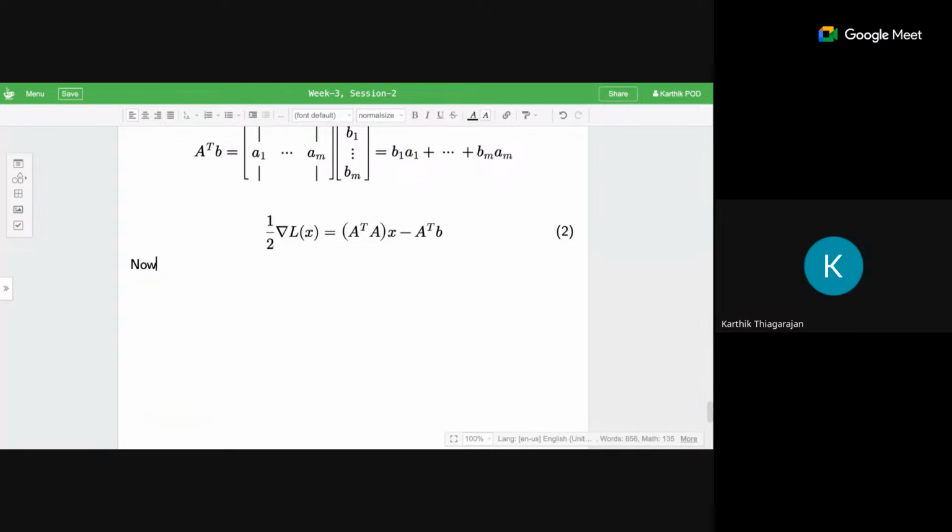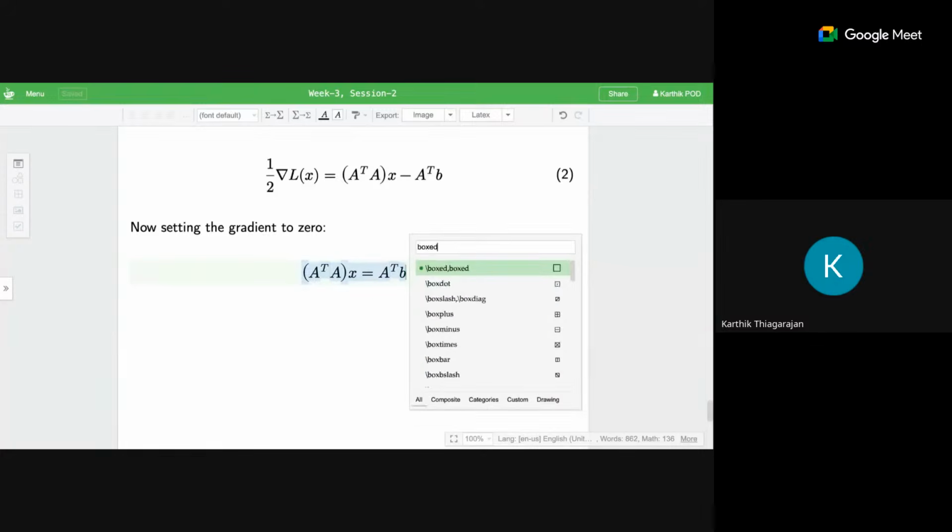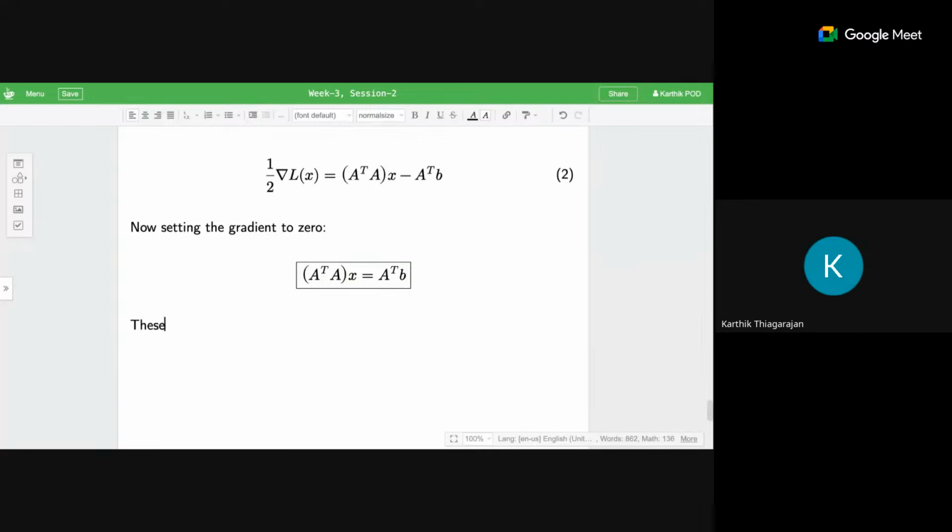Okay, so now setting the gradient to 0. The half you can ignore. So if you set the gradient to 0, you get A transpose A x equal to A transpose b. These are called the normal equations.